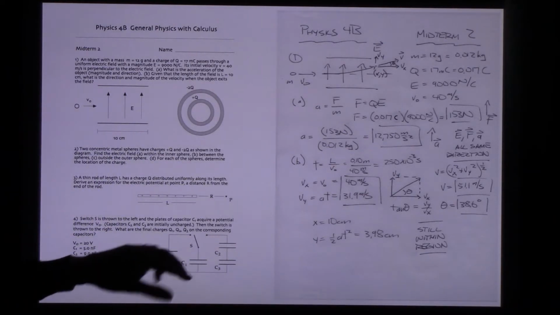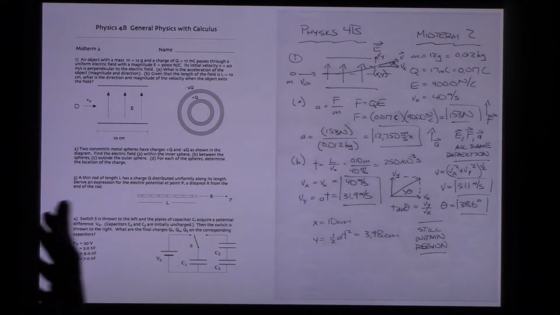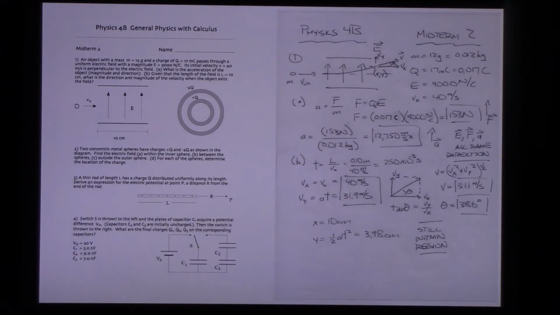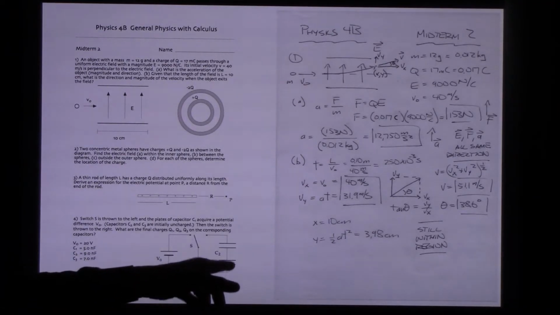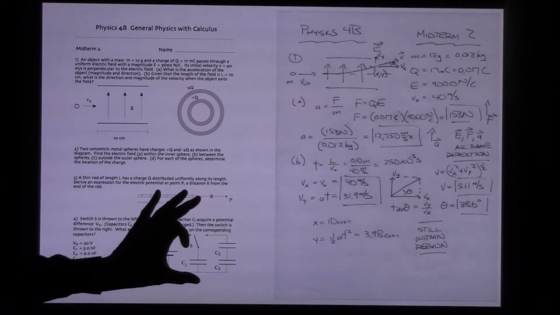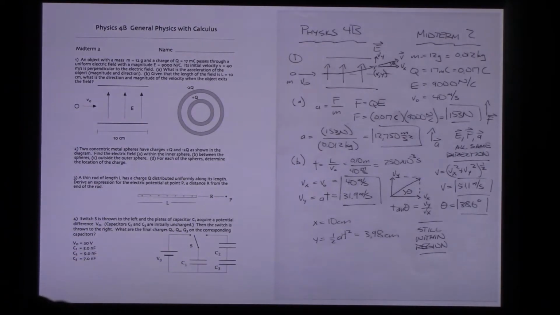And when we throw the switch, capacitor 1 is going to end up sharing its charge. And the amount of charge that migrates over to the right side in the circuit is going to depend on when the voltages balance out between the two sides.